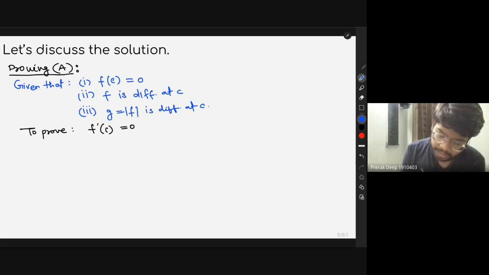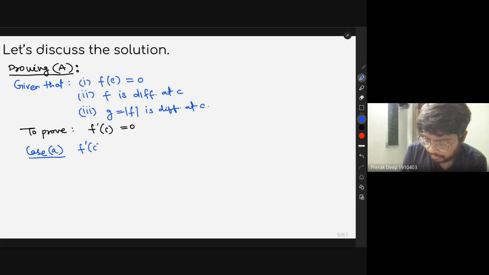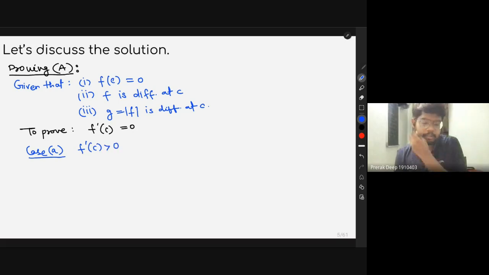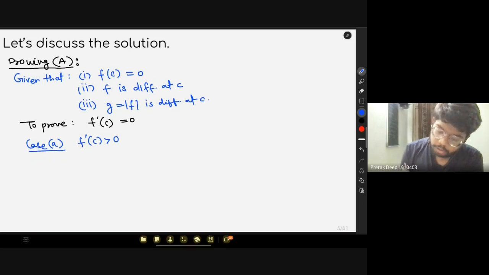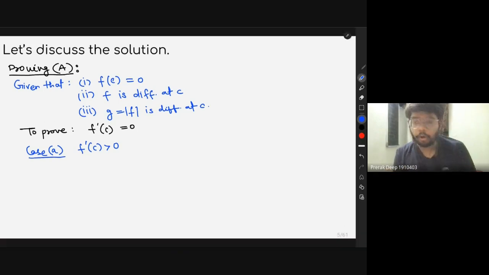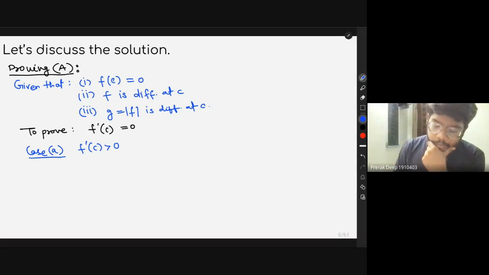So we assume, case 1, let's say case A, suppose f prime of c is non-zero, and then we will arrive at some contradiction. Suppose f prime of c is positive, and f of c is 0.